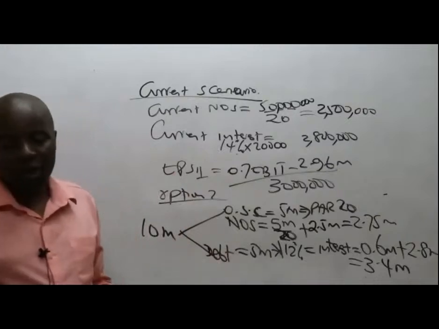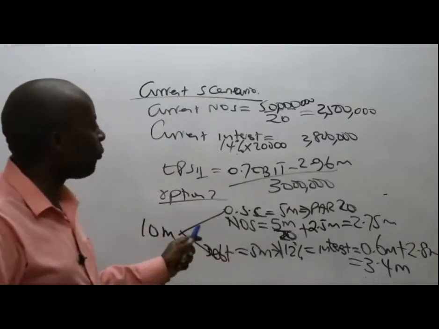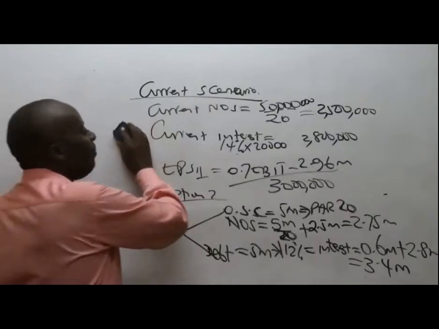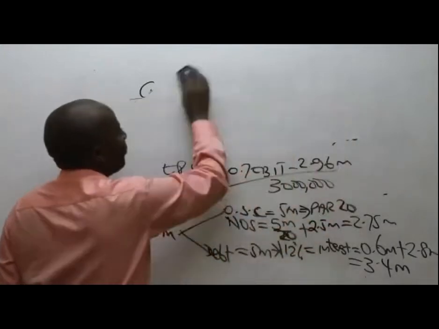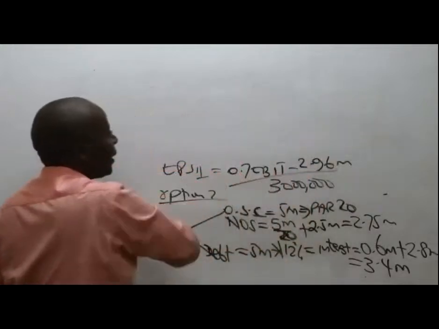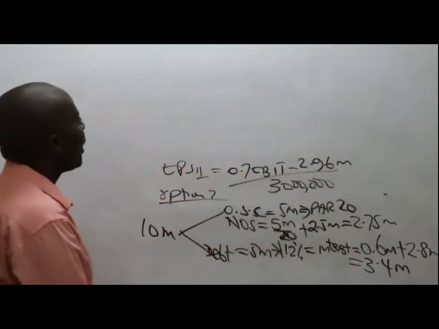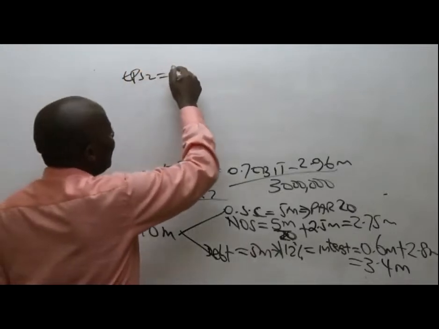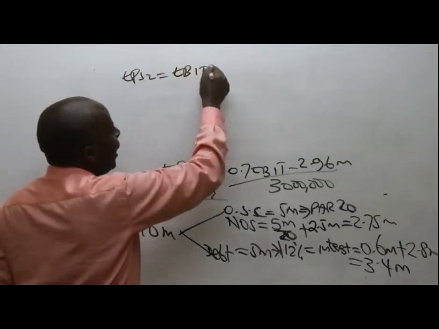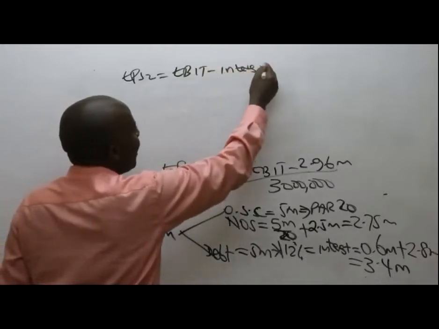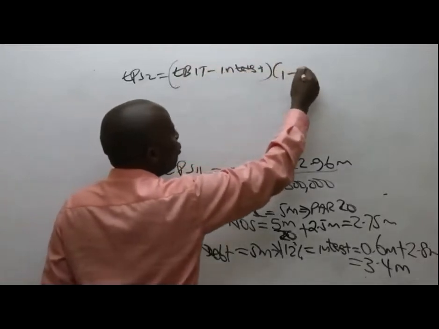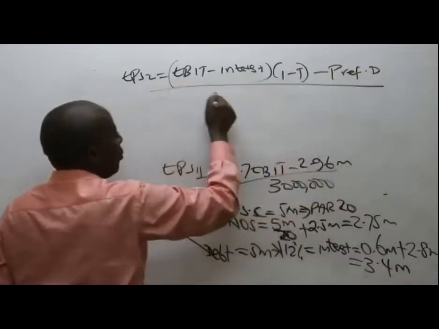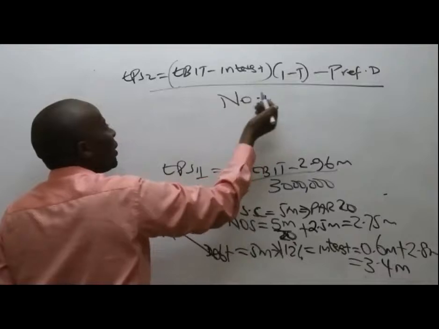Thank you very much. Now, ladies and gentlemen, what I want you to do for me is a small favor. I want you to come and write the EPS2 equation. Please don't forget our EPS equation: EBIT minus interest, into 1 minus tax, minus preference dividend, all over number of ordinary shares.